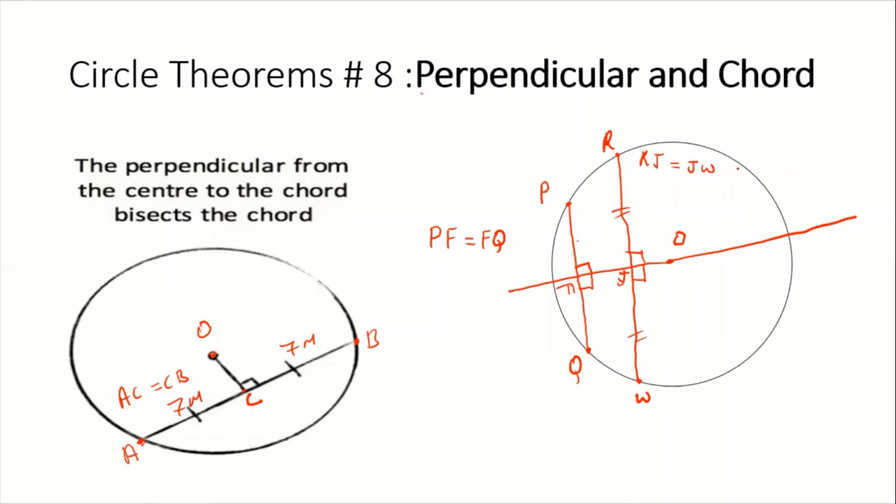And the same is true if I shift the chord up here to this point, it still will hold true. The angle is going to be 90 degrees, right? And these lines over here are going to equal the length of this line from where they intersect as well. All right, and I could put a stroke on this one and that one. So that is theorem number 8, right?